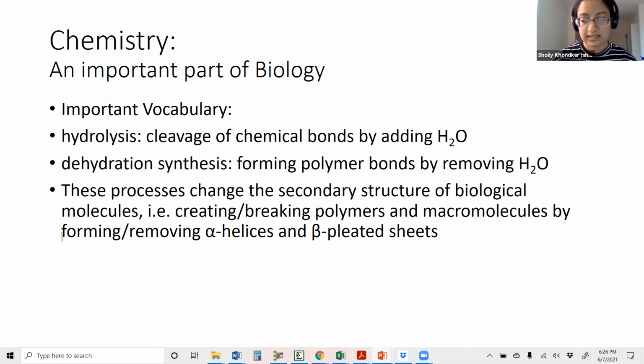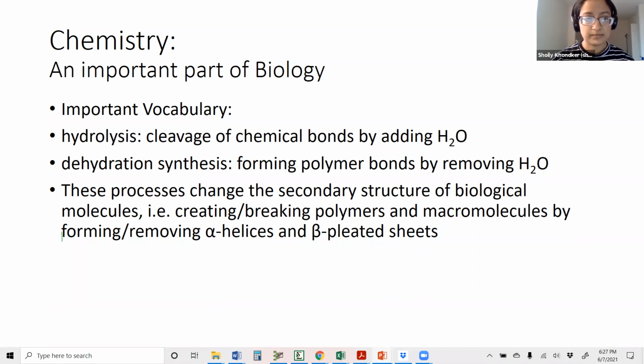So before we get into the biology, we need to also establish some basic vocabulary in terms of chemistry. So the macromolecules that we'll be talking about today, DNA, RNA, and proteins, they're all comprised of subunits, which form a macromolecule. So in order to form these macromolecules, certain reactions have to occur.